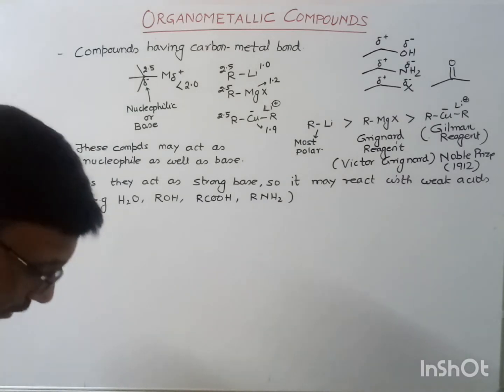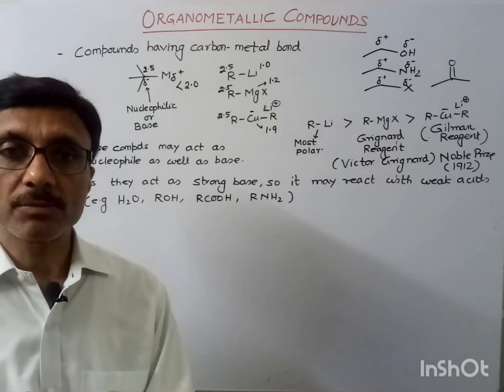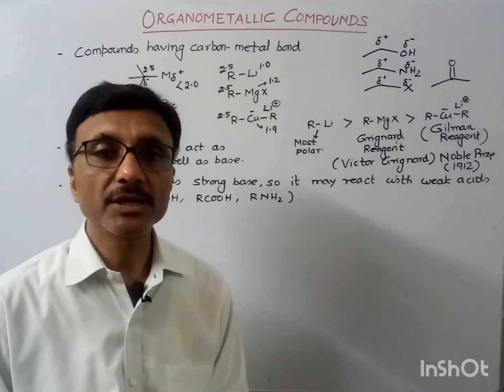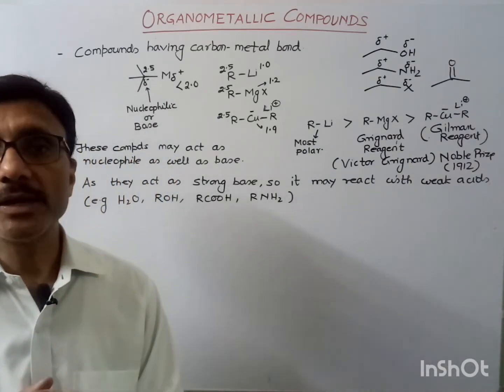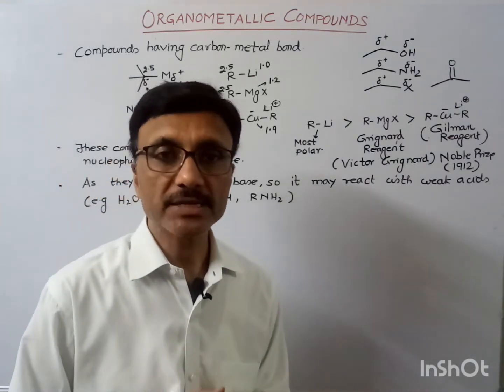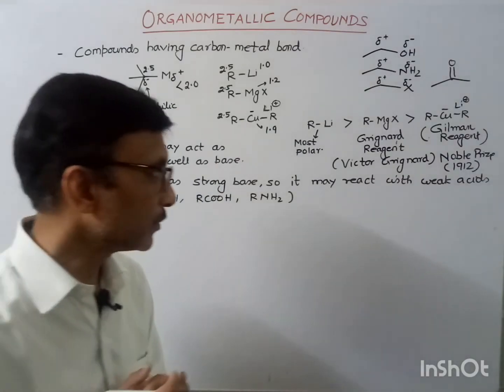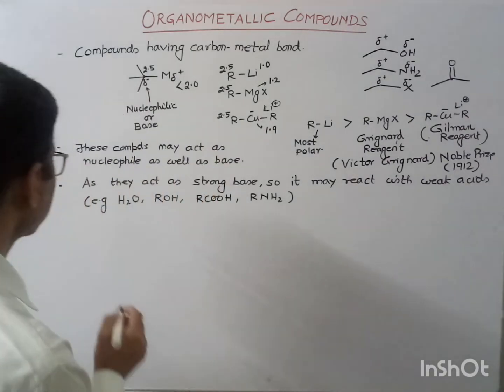So when we prepare the Grignard reagent, or carry out reactions with it, they are always carried out in a solvent which is free from acidic hydrogen atoms. This is one of the important points.